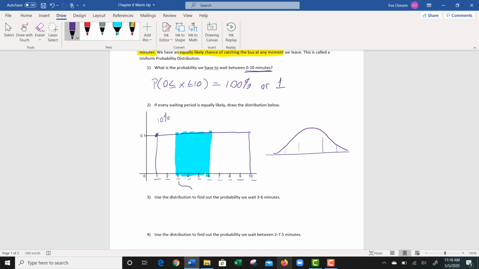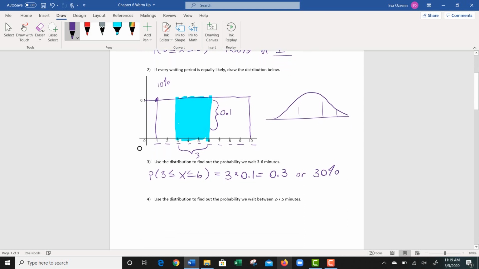Now this isn't going to be that bad because the base of this is 3, and the height of this rectangle is 0.1. Remember, because they all have to have the same probabilities, and all their probabilities have to add up to 1. So the probability we have to wait between 3 to 6 minutes is going to be 3 times 0.1, which would be 0.3 or 30%.